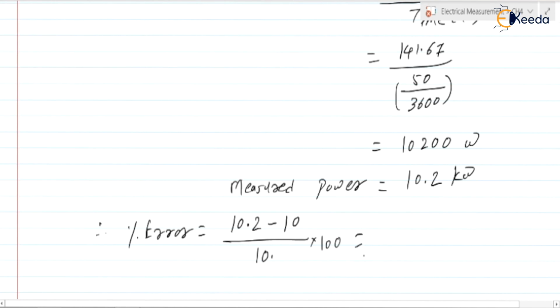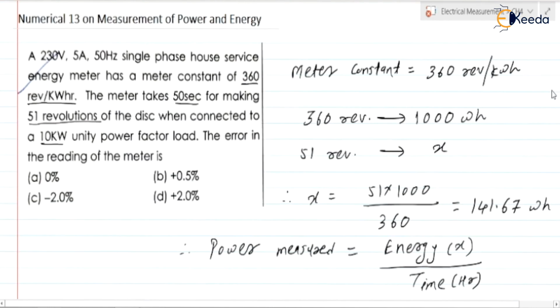So it is 0.2 divided by 10 into 100, which is 2%. Measured power is greater than the true power, so error is positive, so it is plus 2%. If you check the options, the correct option is option D.